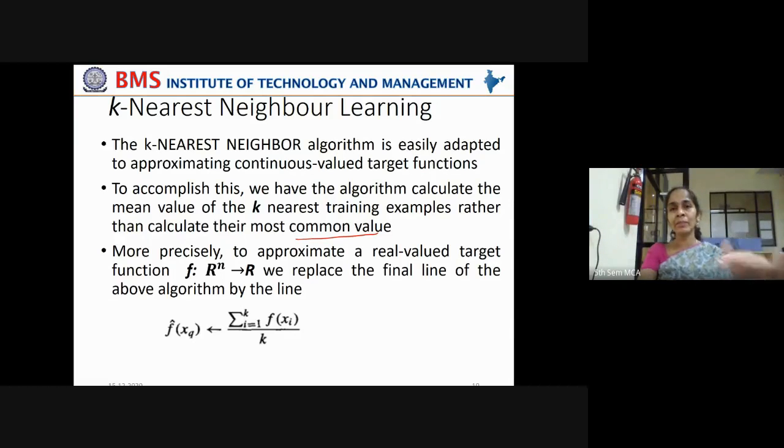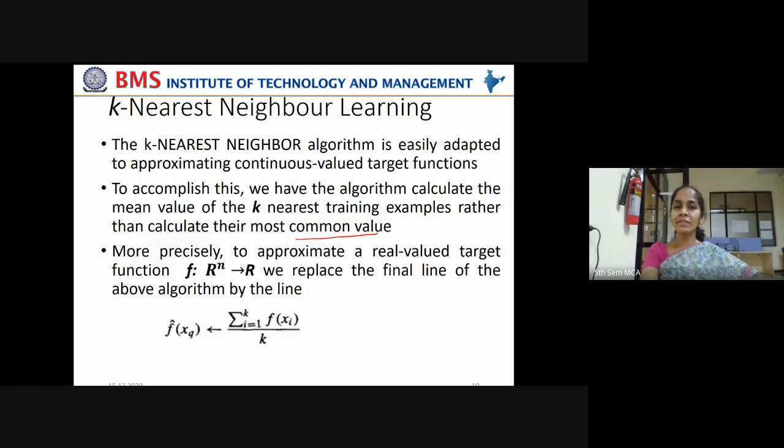The only difference is that in k nearest neighbor for discrete value target function, for binary classification or multiple classification, we calculate their most common value, right? Plus is the most common value near to the new data instance, or minus is the most common value nearest to the new data instance, that we will consider.